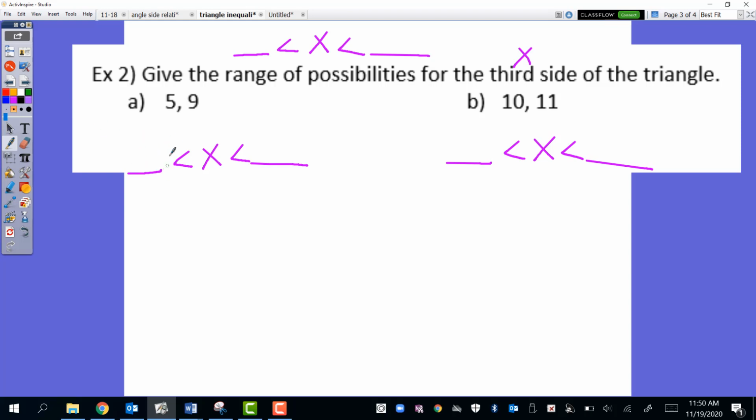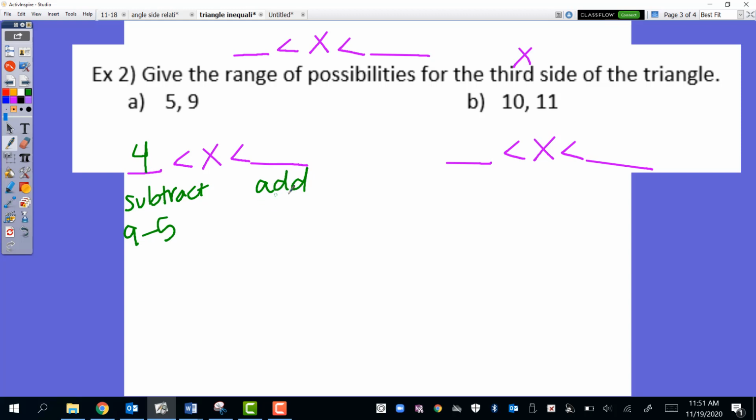To get the smallest number, you're going to subtract these numbers. Now, you cannot get a negative number. So for this side, you're going to subtract those numbers. And this side, you're going to add to get those numbers. So on this side, I'm doing bigger minus smaller. So 9 minus 5. What is 9 minus 5? It's 4.